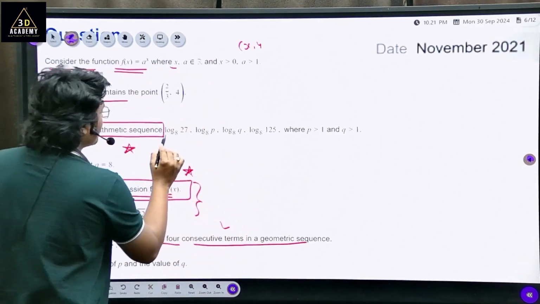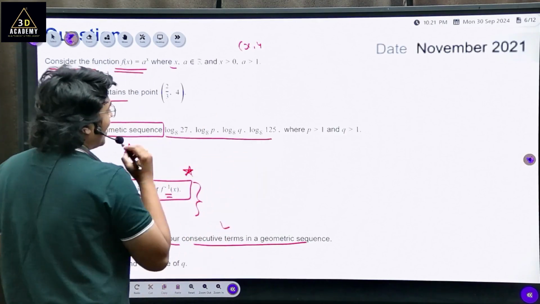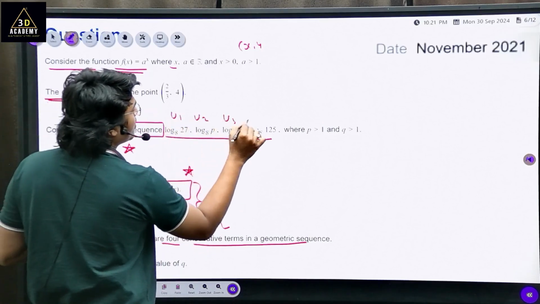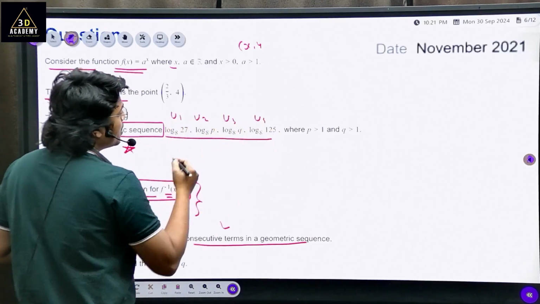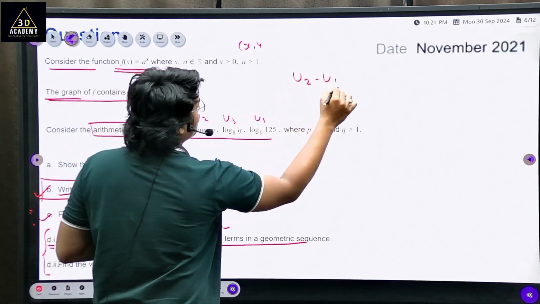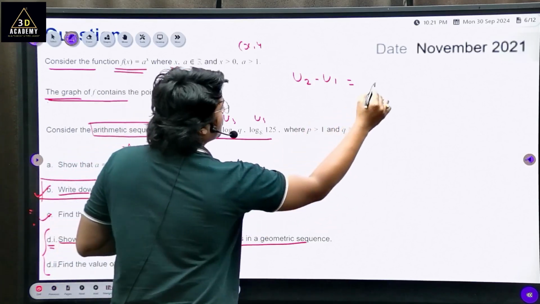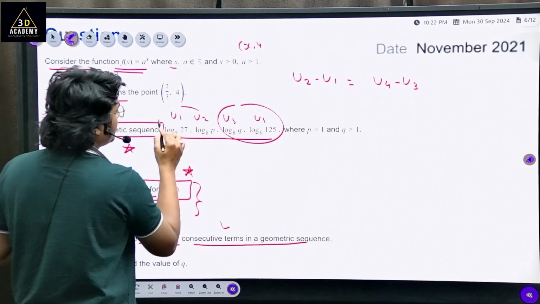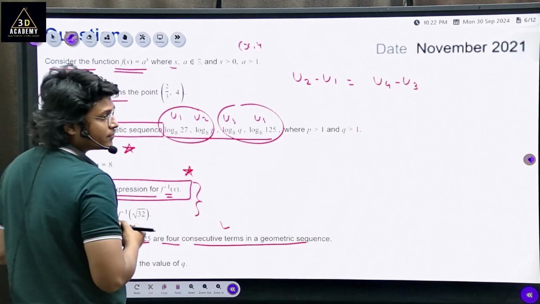So I will use the arithmetic sequence logic here. This is my first term, this is my second term, this is my third term, this is my fourth term. Okay, so u2 minus u1 should be equal to u4 minus u3, because these two are consecutive terms, these two are consecutive terms, correct? Fine.